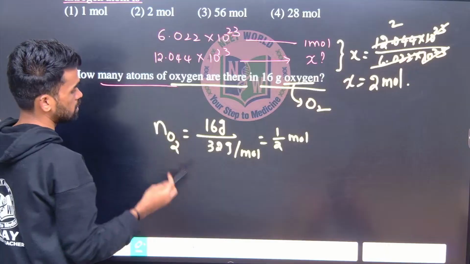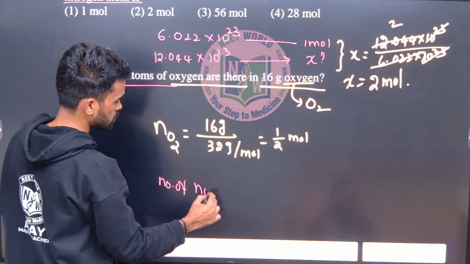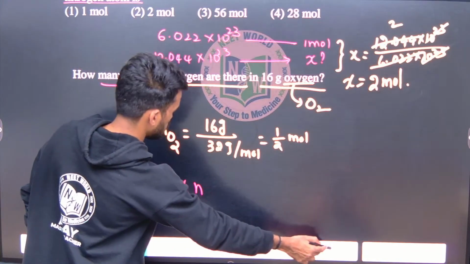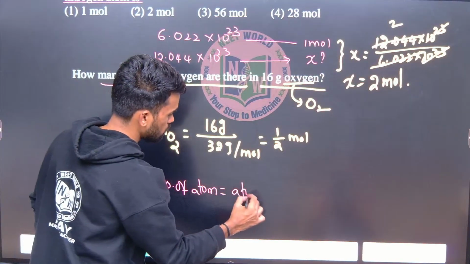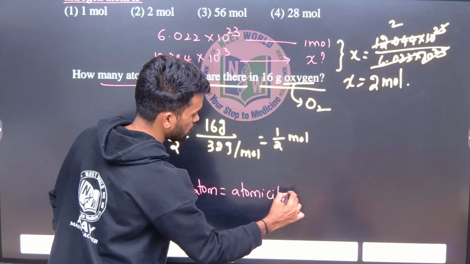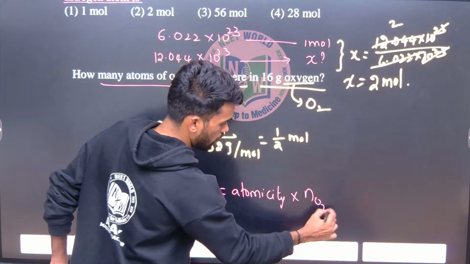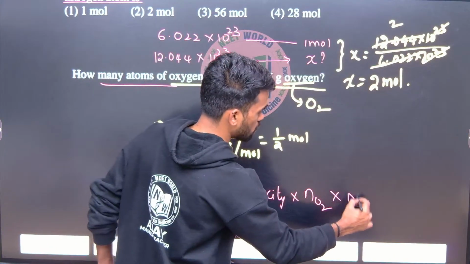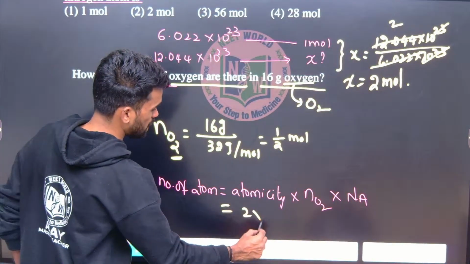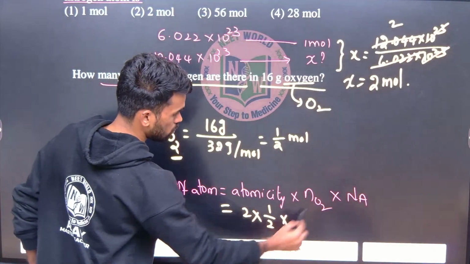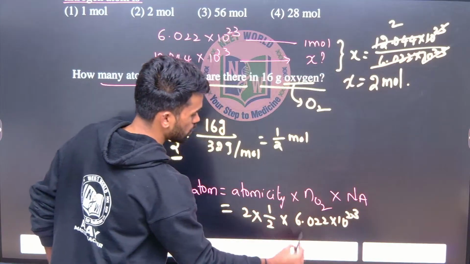How many atoms of oxygen? So number of atoms equals atomicity into number of moles of that O2 molecule into Avogadro number. Atomicity of O2 is 2. How many moles we got? 1 by 2, into Avogadro number 10 power 23. That's it. This will be your answer.